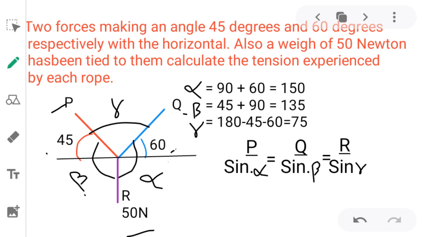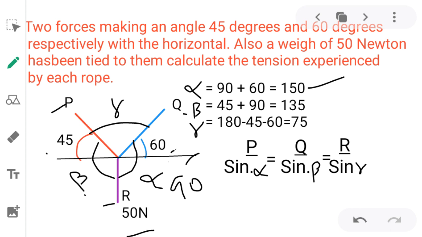To calculate alpha, you may observe here there is a horizontal line and R is a vertical line. The angle between horizontal and vertical line is 90 degrees. 90 degrees plus 60 degrees, it becomes 150. So alpha becomes 150.